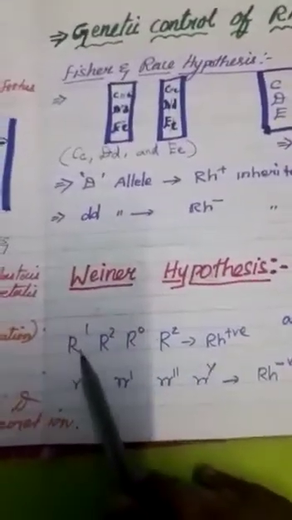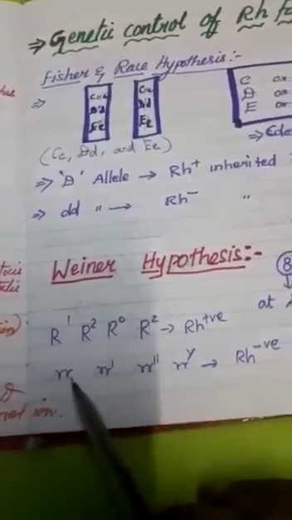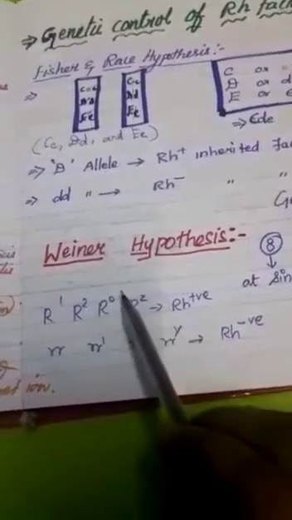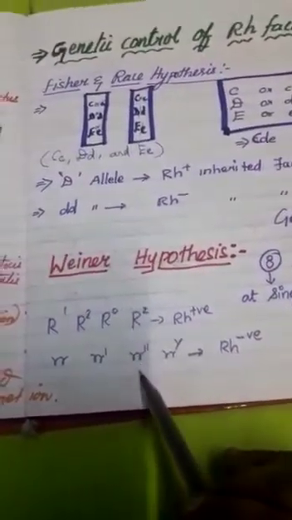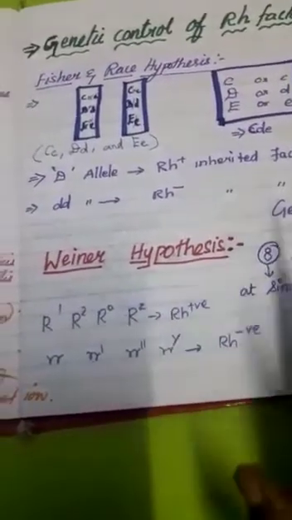The capital letters R1, R2, R0 and Rz, and the small letters r, r', r'' and ry. So this is the existence of 8 alleles at a single Rh locus.